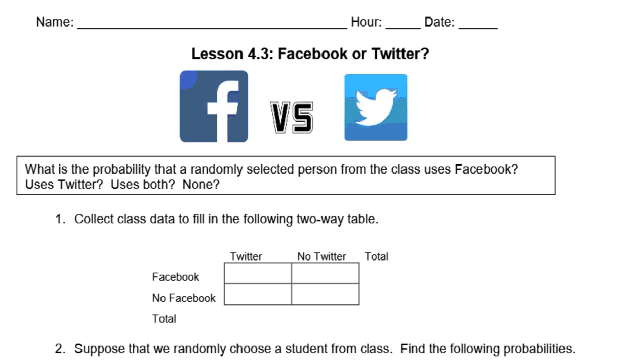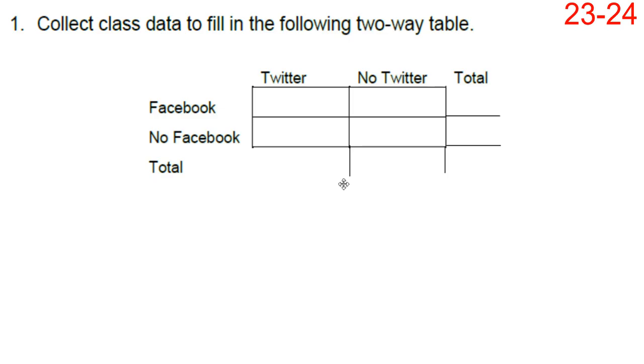In our first example, we talked about how many people used Twitter and Facebook and wrote that number here. The next one, we talked about how many people used Twitter and no Facebook and wrote the answer here. The upper left is talking about no Twitter, but you use Facebook. The bottom right is talking about no Twitter or Facebook. You don't use either of those. And so these were our findings.